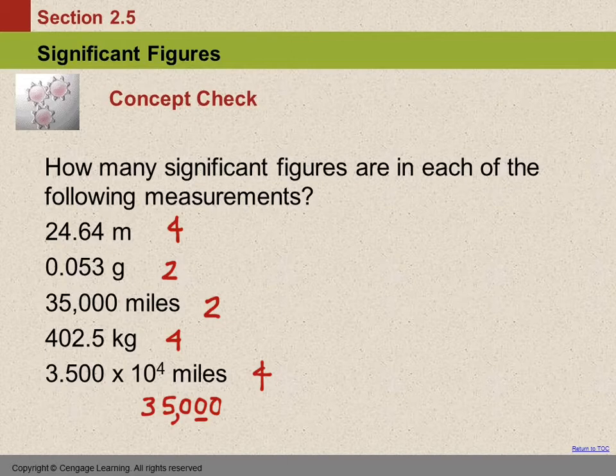Because if we don't write a decimal point, then it's ambiguous, and we're going to assume that the uncertainty is way over here. So one way you can get around that, just as notes to yourself, because not everybody reading it is going to understand, is to write it like I did here, where we underline the uncertain digit. That's one method of indicating those ambiguous zeros, but that's not a universal thing.